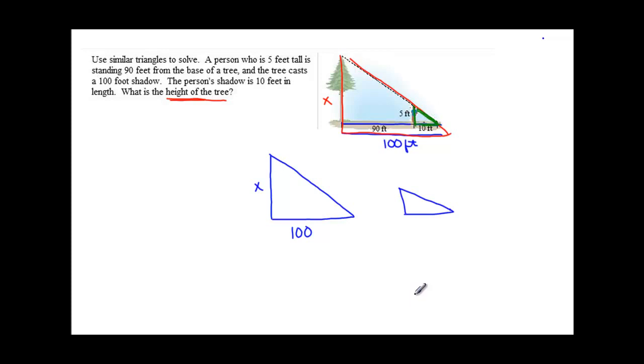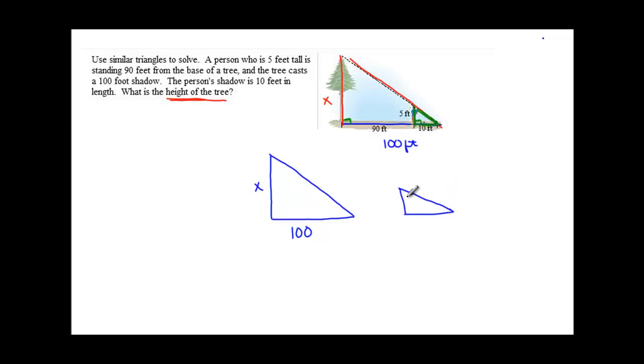Okay? And we know that these are similar triangles for a couple of reasons. I'm going to erase this to make it a little more clear. But first of all, this angle is 90 degrees, this angle is 90 degrees, and then they have another pair of corresponding angles because this is exactly the same angle.